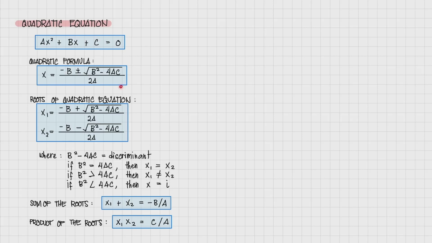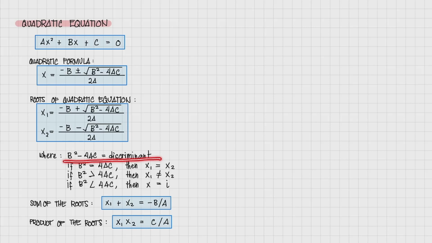Now, this one is our quadratic formula. The quadratic formula is what we're going to use to solve for the roots of our equation. So there are two roots for the quadratic equation. So meron tayong conditions. First, we need to know na ito, ang tawag dito, b squared minus 4ac is actually called the discriminant.